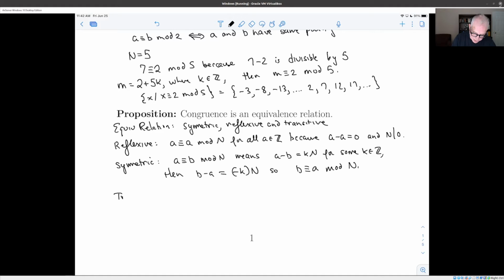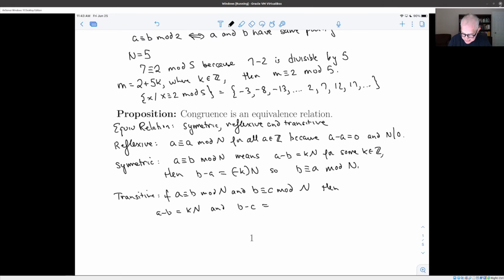And as is usually the case, the transitive one takes a little bit of thinking. Transitive means that if a is congruent to b mod n, and b is congruent to c mod n, well, then a minus b is kn, and b minus c is, let's say, tn for integers k and t.